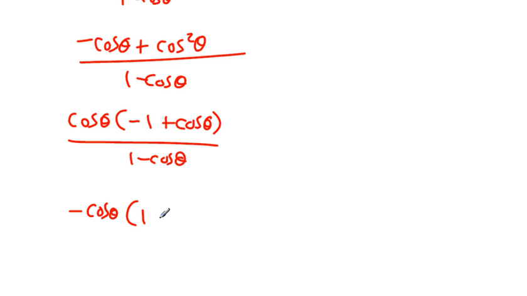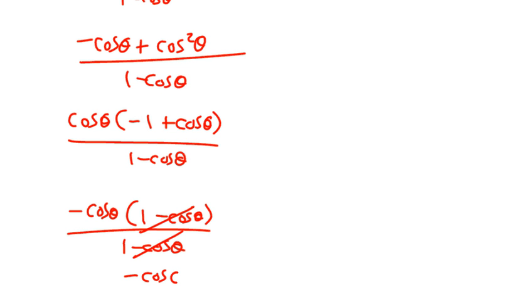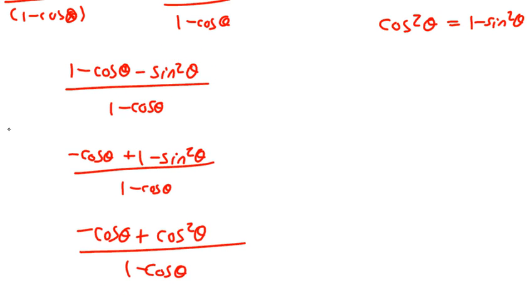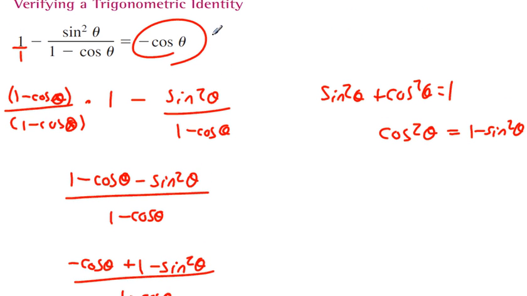So positive 1 minus cosine theta, all over 1 minus cosine theta. And now look, those cancel out, and we get a negative cosine of theta. And check this out. We'll come back over here, and that whole thing does equal negative cosine of theta.